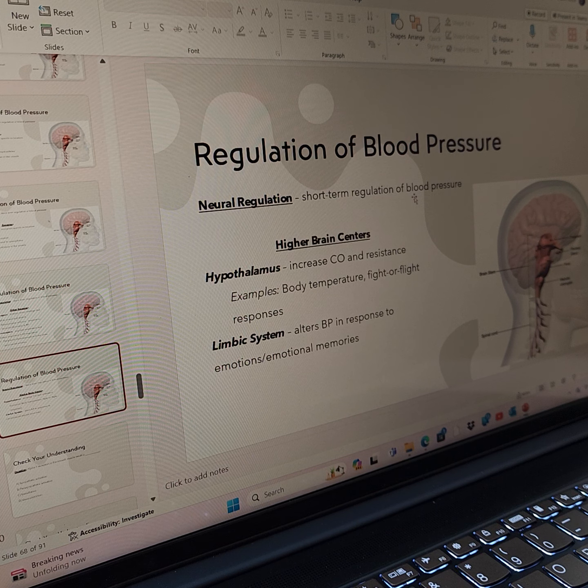The other higher brain centers, this may come up: the hypothalamus can increase cardiac output and resistance. Examples: body temperature, fight or flight responses, things of that nature. And then the limbic system alters blood pressure in response to emotions and emotional memories.